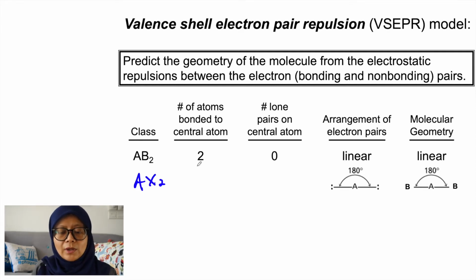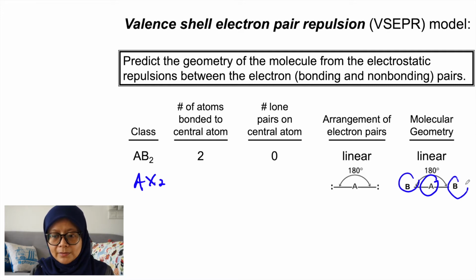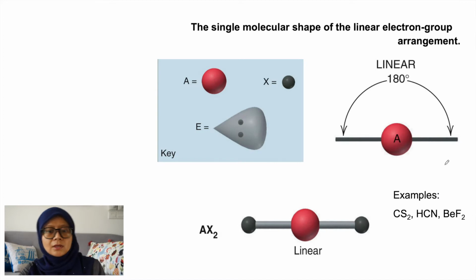We have 2, with 0 lone pairs. In order for you to draw this molecular geometry, you need to have the central atom and surrounding atoms with 180 degrees.